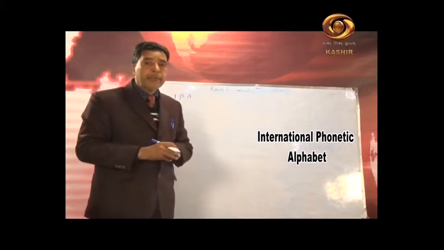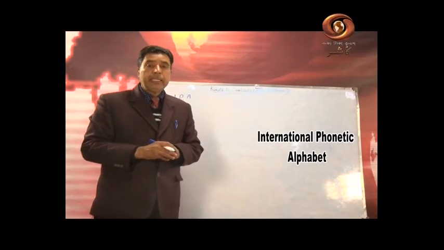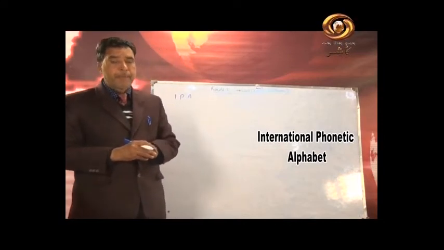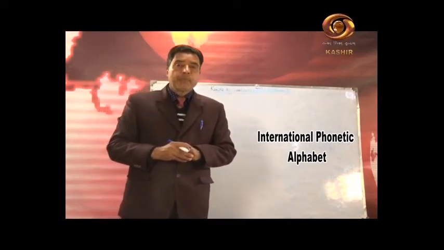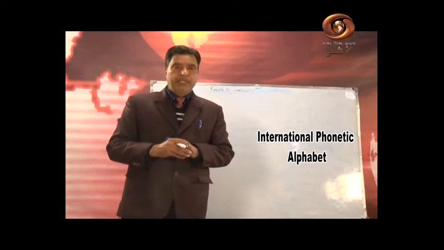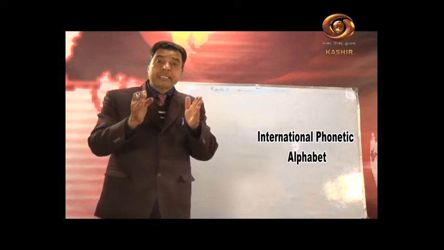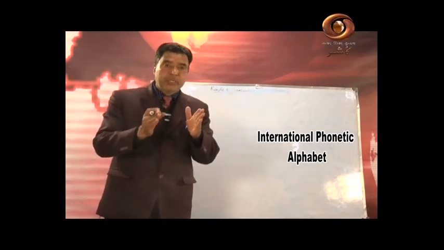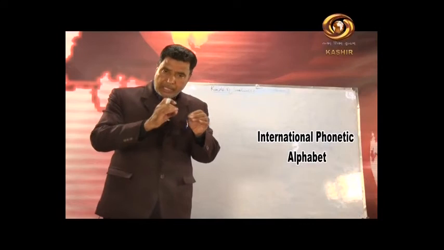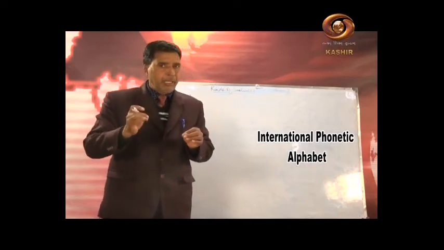What is this International Phonetic Alphabet? In this kind of alphabet, there are 44 symbols, and these 44 symbols give us different sounds, 44 sounds. When we write it, it becomes a symbol.